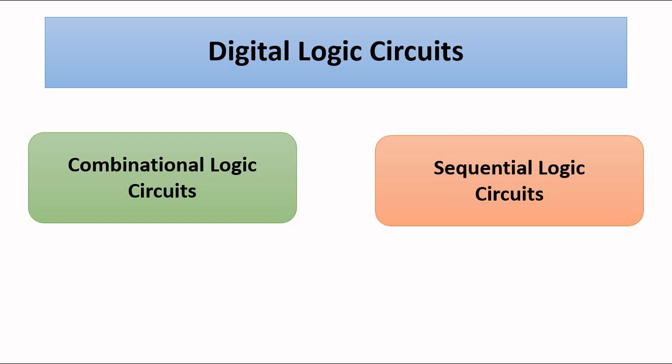In combinational logic circuits, the output at any instant depends only on the present inputs, the value of the inputs at that particular instant. Whereas in sequential logic circuits, it depends on the present as well as the past. That's why there is a memory element present in sequential circuits, which is absent in combinational logic circuits.